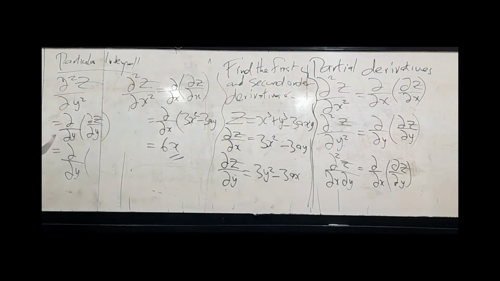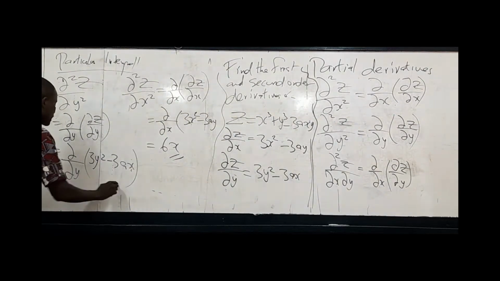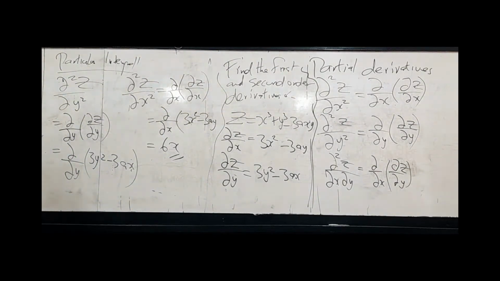We have calculated it already to be 3y squared minus 3ax. Is that okay? Now, don't get confused over here. Because of this y, look at where there's y, and it is 6y. That's all. Then you are done over there.